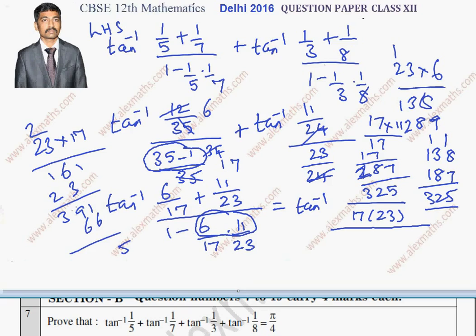So that gives 325. So 325 by the LCM, which is 17 into 23. So we can cancel the denominator and numerator. So basically we are left with tan inverse 1, which is nothing but pi by 4.